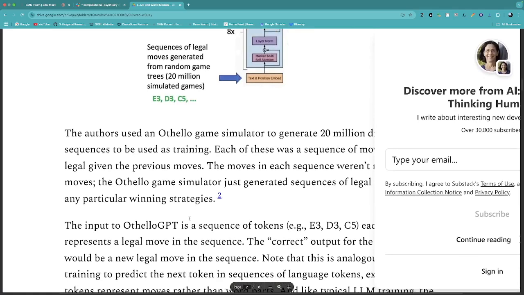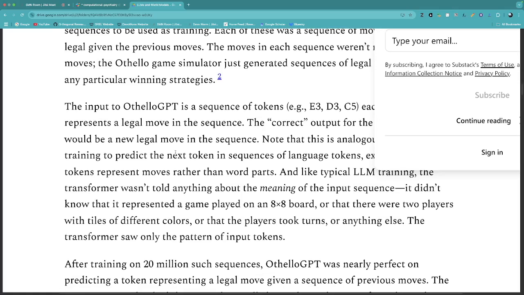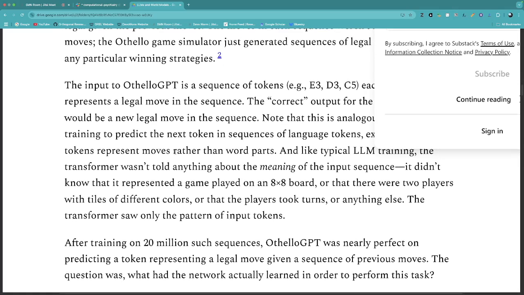So they trained this. They were able to generate 20 million sequences to be used as training. The input to Othello GPT is a sequence of tokens, each representing a legal move in the sequence. The correct output would be a next legal move in the sequence.